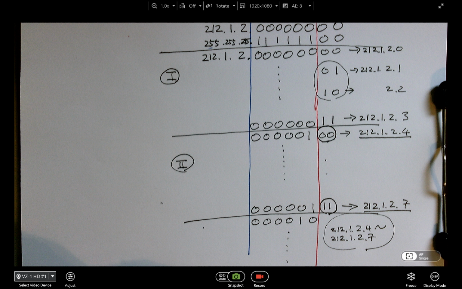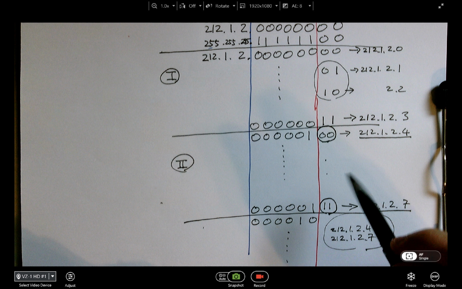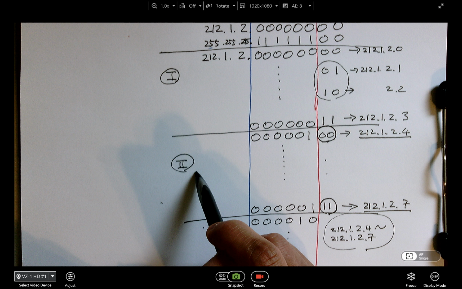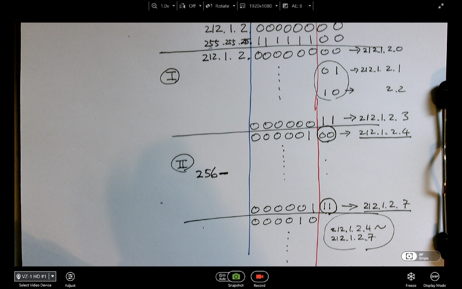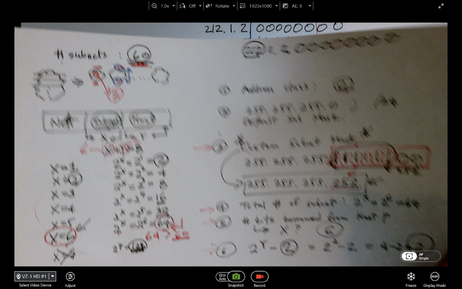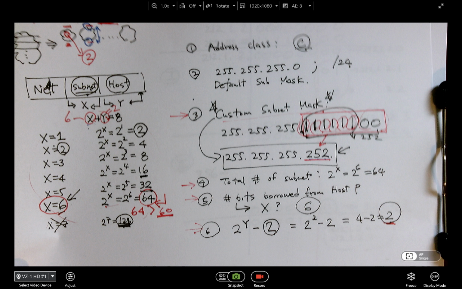Okay. Of course, there's an easy way. You don't have to really draw this block diagram. Why? Because I told you the formula, right? The formula says you always have 256 minus the value of the last octet in your custom subnet mask. So this is the previous calculation, right?